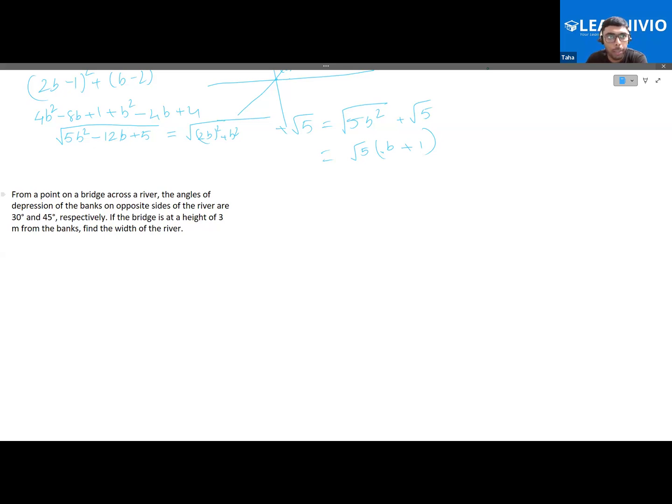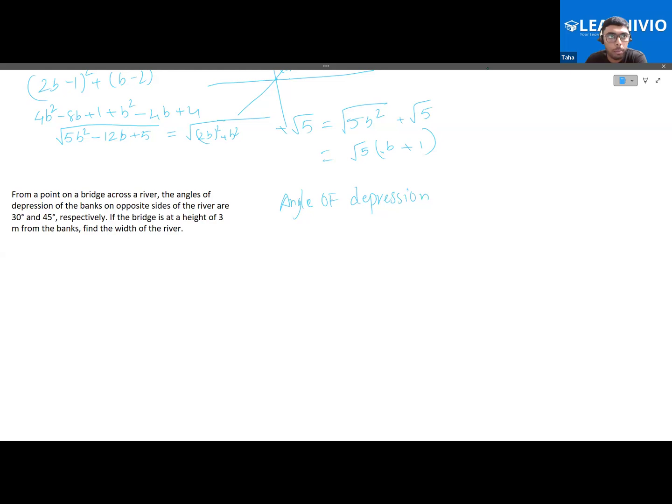Okay. From a point on a bridge across a river, the angles of depression of the banks on opposite side of a river are 30 degrees and 45 degrees respectively. So we are talking about angle of depression here. That's sure. Okay.